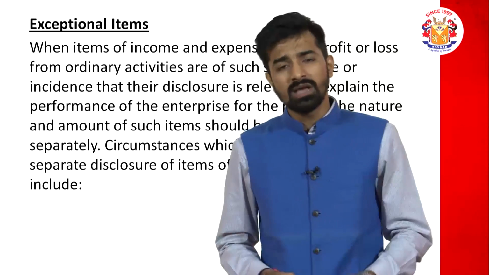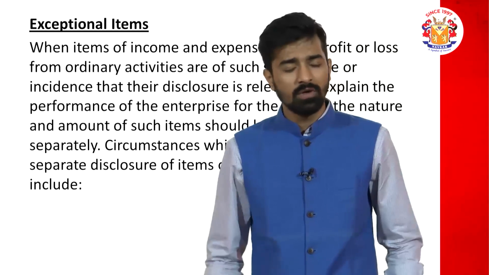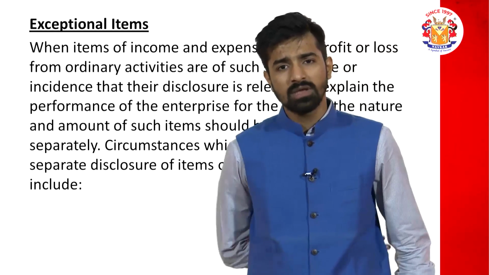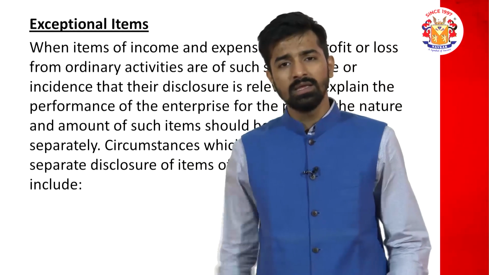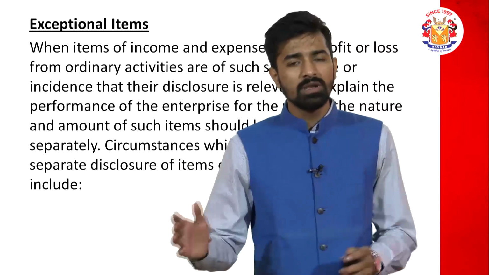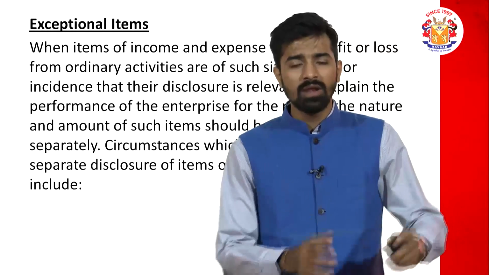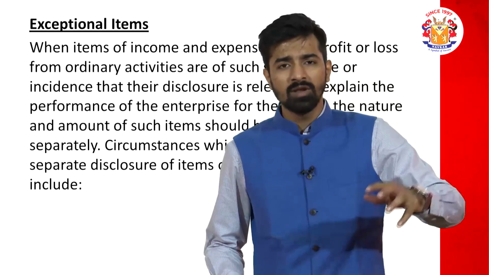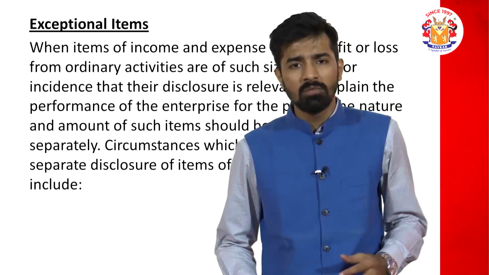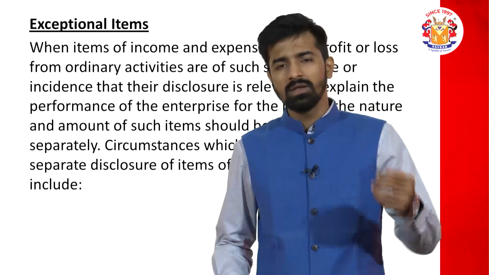Let's take an example of an insurance company, where there are so many cases pending against it. So it's not that they are extraordinary items that are clearly distinct from ordinary activities. If you are conducting ordinary activities, and in between there is a glitch or some problem, there might arise a litigation settlement.